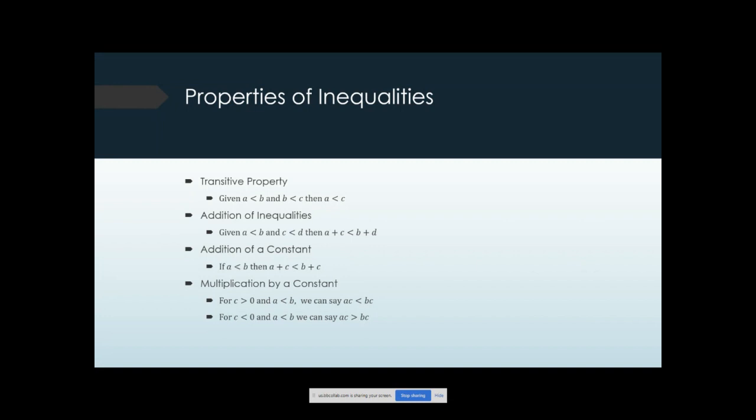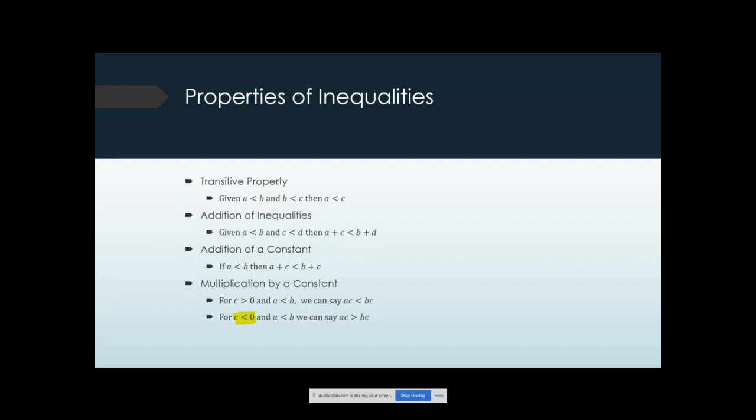And so we can multiply both sides just like we can with an equation, but with multiplication or division, there is a little caveat here, and that is if your number is a negative. So if you multiply both sides or divide both sides by a positive, your inequality stays the same.